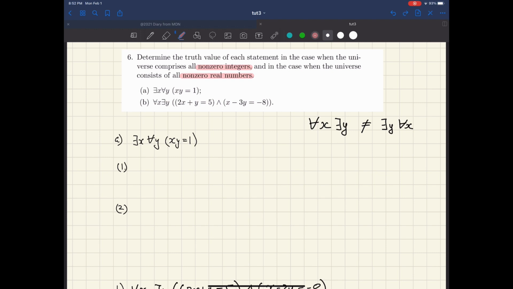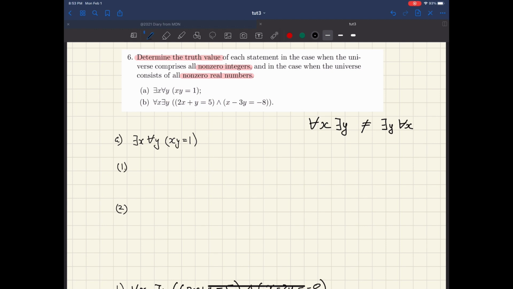One is about non-zero integers and the other one is about non-zero real numbers. So for the first part, we have for some x, for all y, xy equals 1. Now here's the thing.